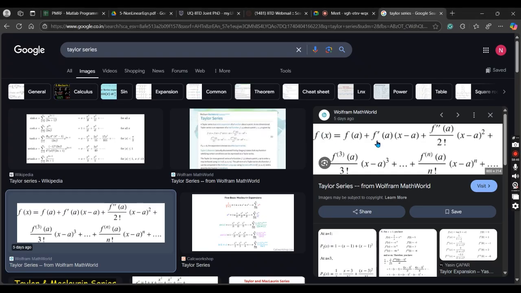Whatever I am seeing over here. If I replace my f(x) with y, and f(a) becomes f(x1), this a becomes x1, and this also becomes x1, and I ignore the higher order terms, I get the formula for Newton-Raphson iterations.